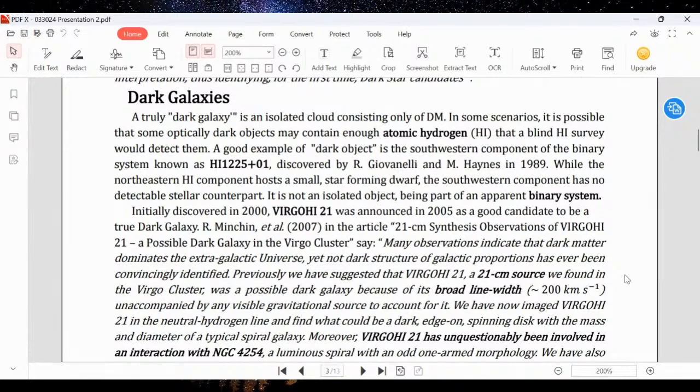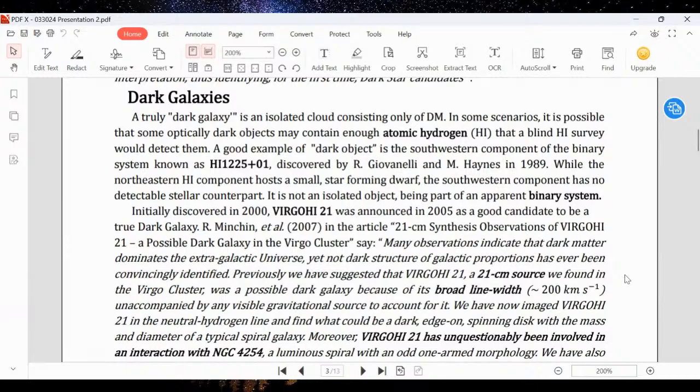Previously, we have suggested that Virgo HI21, a 21 centimeter source we found in the Virgo cluster, was a possible dark galaxy because of its broad line width, about 200 kilometers per second, unaccompanied by any visible gravitational source to account for it.